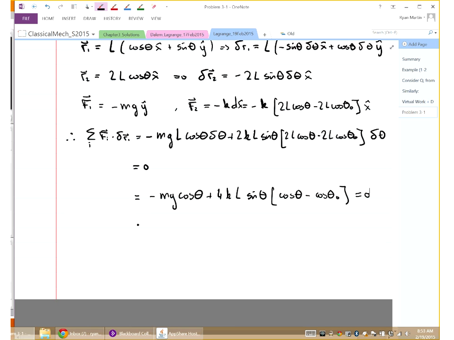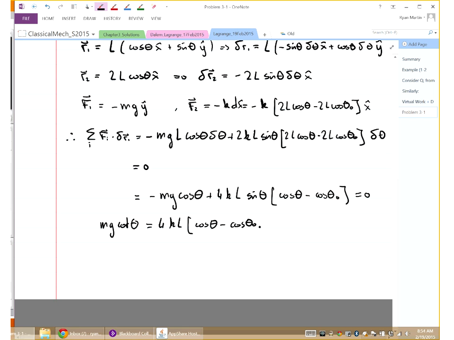And that turns out to be not such a trivial equation. If I divide every term by sine theta and bring the mg cos theta to the other side, I have mg cosine theta over sine theta, which is cotan theta.